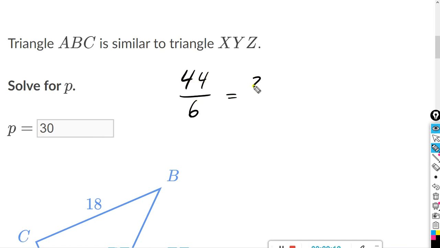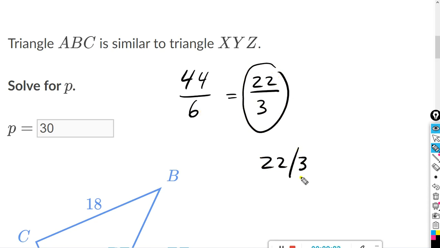This divided by 2 is 22, and this divided by 2 is 3. So in the box, I had to type 22/3. If you get a fraction and it's not reduced, even if it's correct, it will make you reduce it.